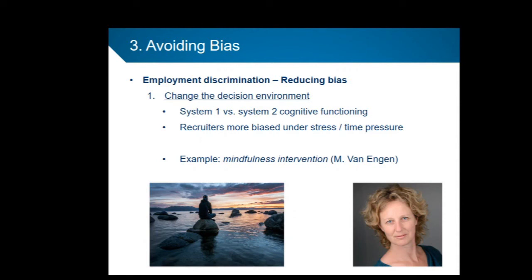When people's resources are drained, when they are in a hurry, when they are under pressure, they're more likely to resort to the intuitive system. Research shows that discrimination often happens when recruiters are tired, under stress, and under time pressure. This causes them to rely more on intuition and quick decision-making than on hard cognitive processing.